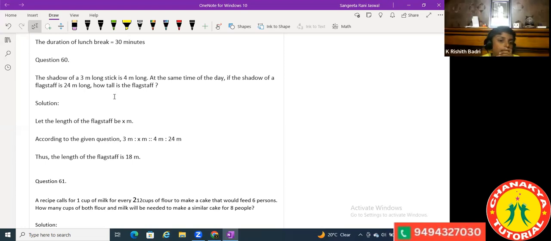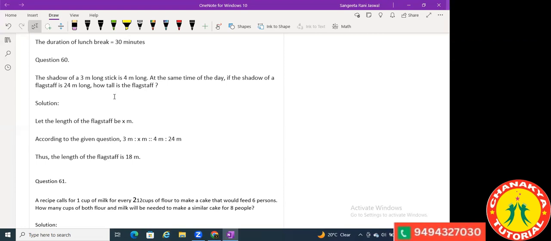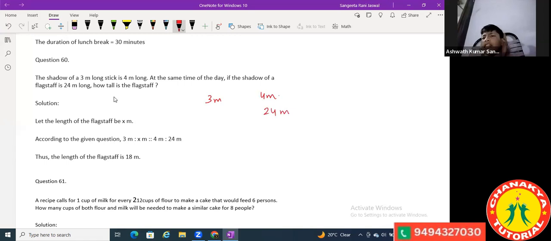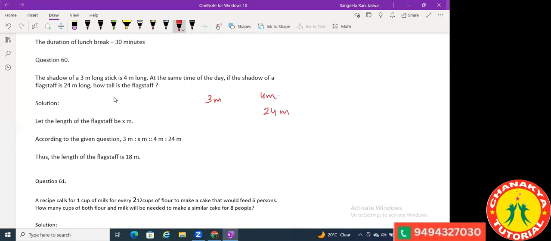Okay, the shadow is given. 3 meters is the stick and 4 meters is its shadow. At the same time of the day, the shadow of the flagstaff is 24 meters long.